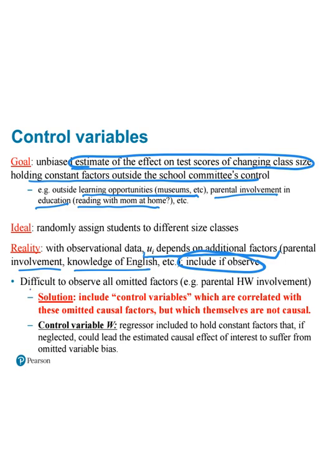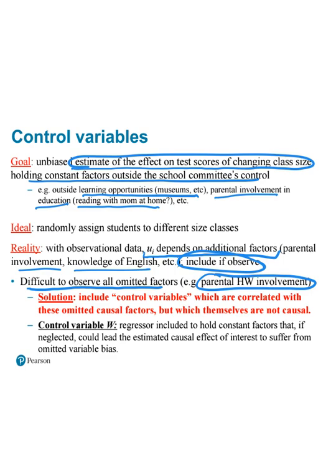So indeed, it is difficult to observe all of these omitted factors. Really, there's no systematic way that a school district can really measure not only the quantity of parental involvement at home, but also the quality. There's no way to actually have a metric for that.